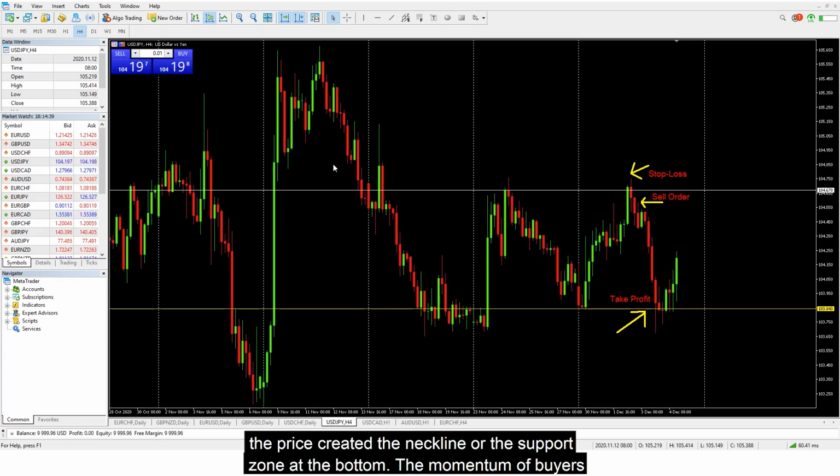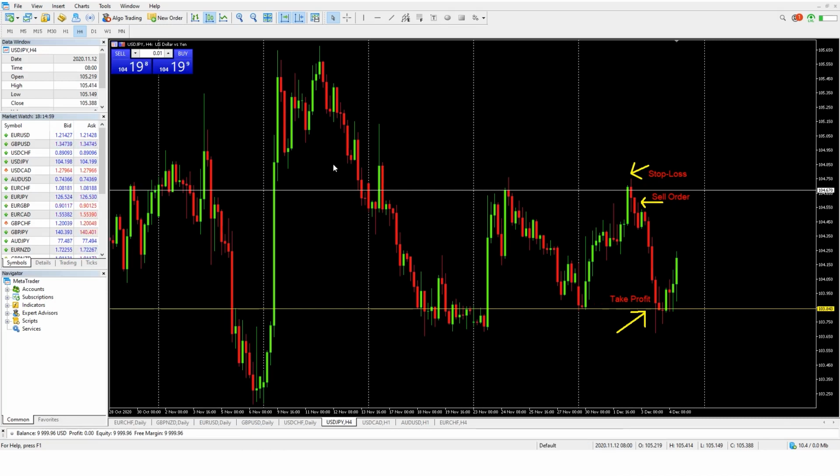The momentum of buyers shifted the price up by testing the first top and the first resistance, but the resistance didn't break. The second top was formed, which then acted as the second resistance zone. The price decreased and tested the neckline, and as you can see, the price is still continuing down.